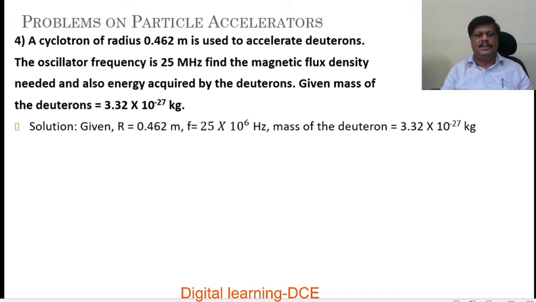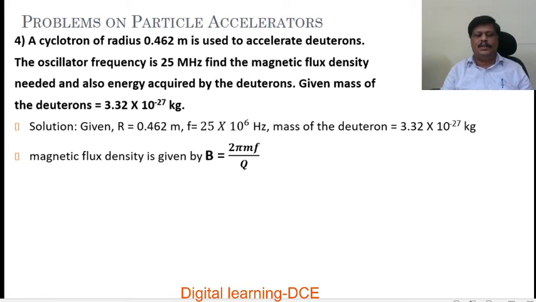Cyclotron of radius R is 0.462 meter is given. Frequency is 25 megahertz, 25 into 10 power 6 hertz, and mass of the deuteron is given. We have to calculate magnetic flux density, that means B, and also energy acquired by the deuteron, that is E.